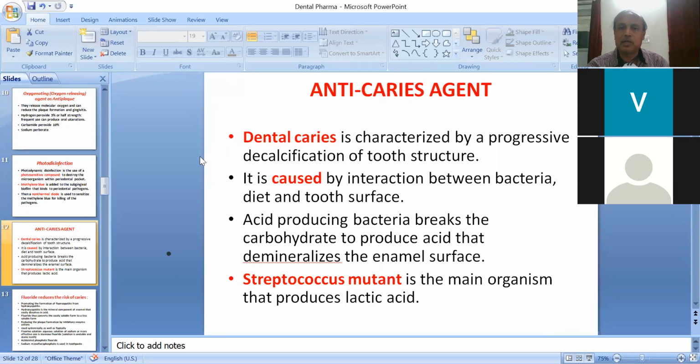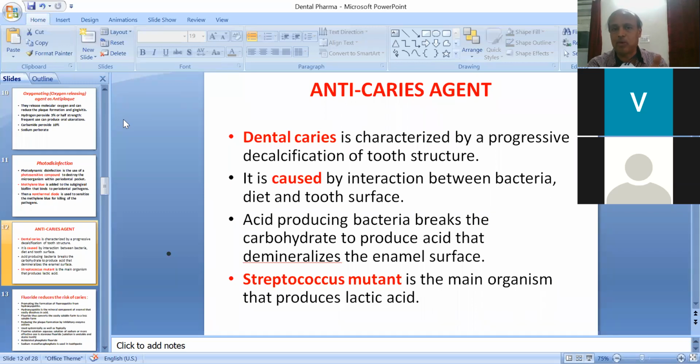This is caused by interaction between bacteria, diet and tooth surface. The acid-producing bacteria break down the carbohydrate to produce acid, and this acid demineralizes the enamel surface.